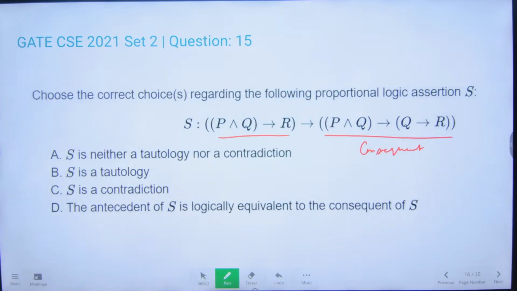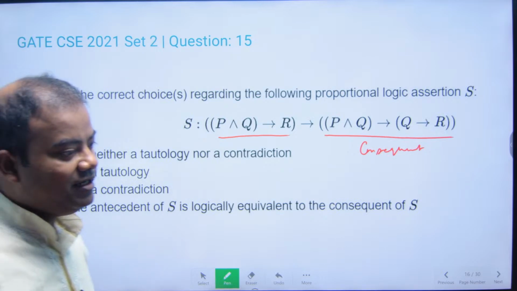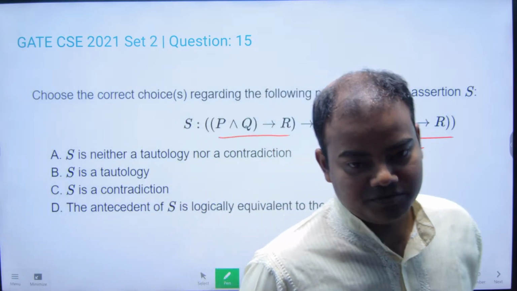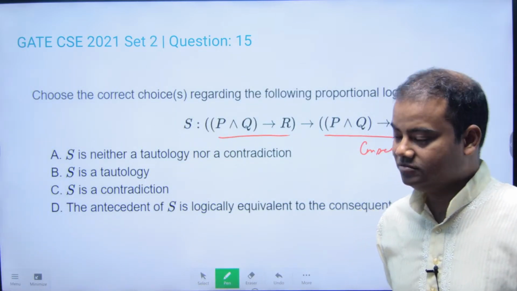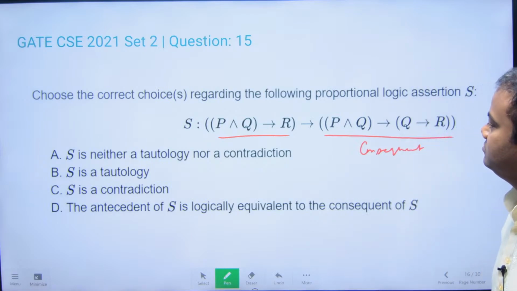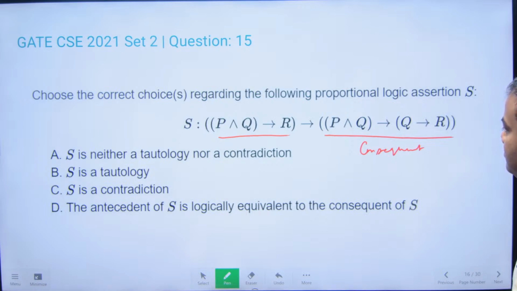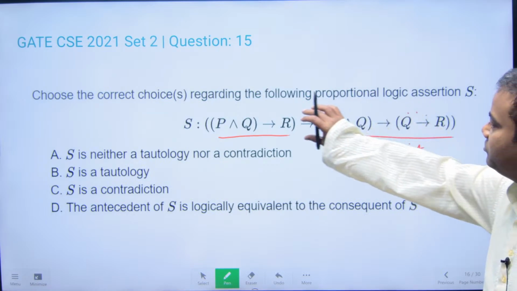So find out this. You can find it using logic, and you can also find it using a truth table. Make the truth table of this side and make the truth table of this side.